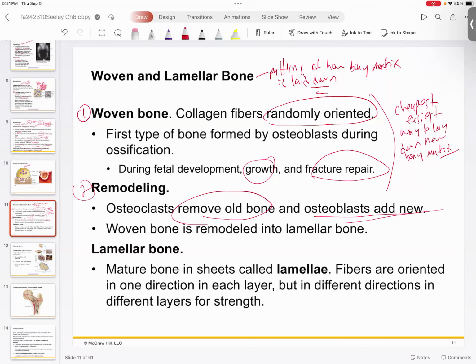So generally, you'll take the cheap woven bone, that random orientation of collagen, and then allow the osteoblast more time to lay it down in smoother, what's called lamellar bone. This is basically laid down in sheets. This is basically the ideal matrix that's laid down in sheets.